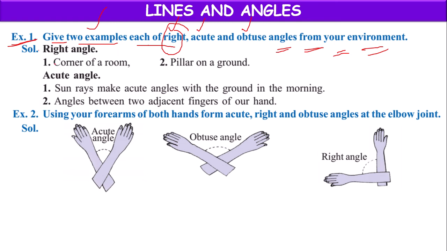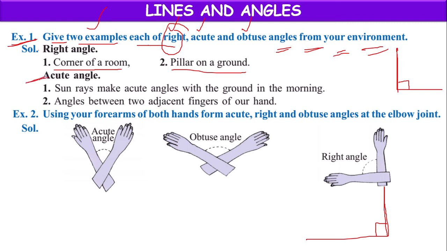Right angle means the corners of a room. The corners of a room are inclined at right angles to each other. Or a pillar on the ground: if you observe any pillar, it will be straight to the ground. Right angles.